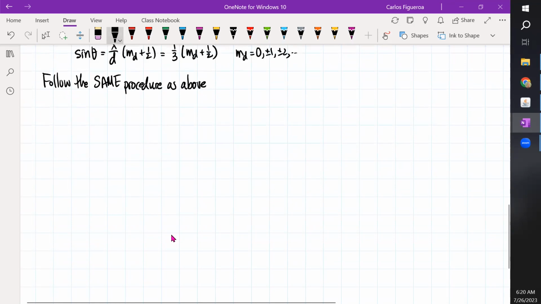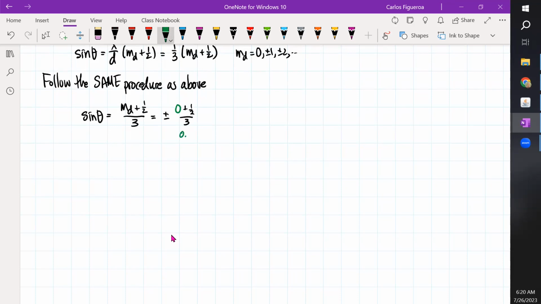So sine of theta is going to be md plus 1/2 divided by 3. So I get plus or minus, and I'm going to get 0 plus 1/2 divided by 3. So the way I would write this is 0.5 divided by 3, like this.